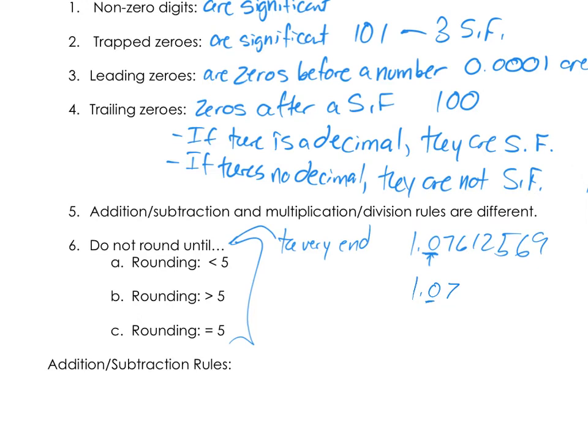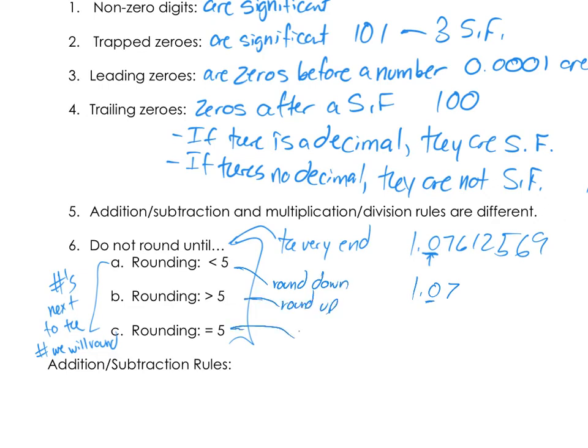When it comes to rounding, we don't round until we get a final answer. If we have the number next to, so these are the numbers on the right of the last sig fig, we will round. This is round down, round up, round even.